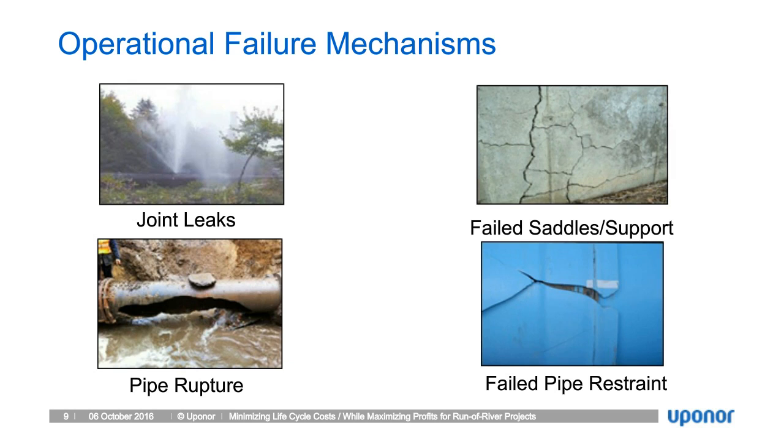Operational failure mechanisms. Joint leaks are very common. It could be in seismic areas because the pipe is moving. It could be because of transient pressures: someone closed a valve too quickly, which caused a spike in the pressure, which then fatigued and pushed the pipe beyond its tensile limits. So joint leaks are common.